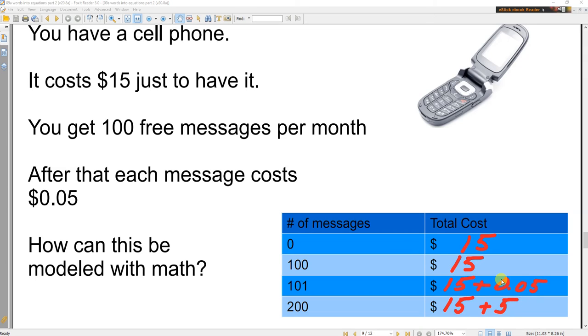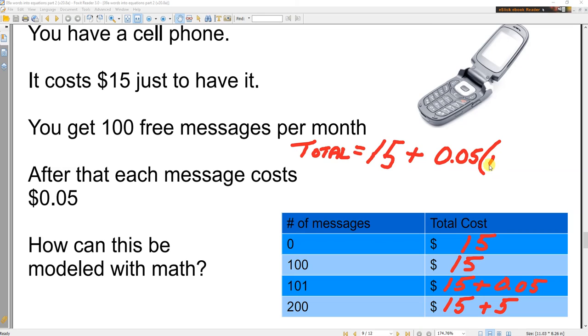So can we model this? Sure we can. Our total cost equals how much just to have the phone? $15. Plus, how much is each message? A nickel for each message.